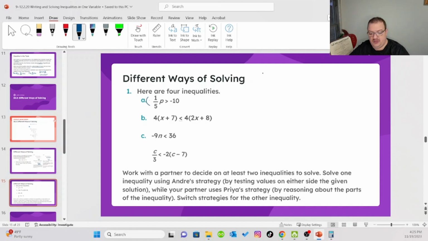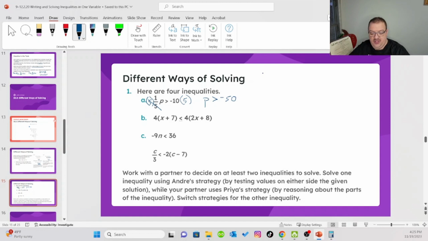So I'm going to multiply the left by 5, and I'm going to multiply the right by 5. Now I have p is greater than negative 50. So now I know what my value needs to be.